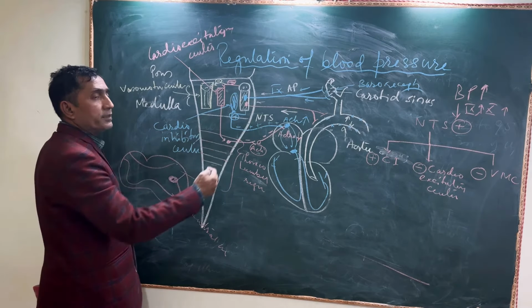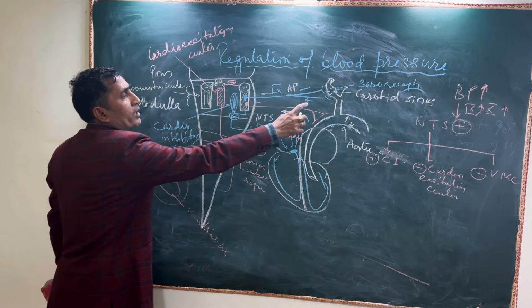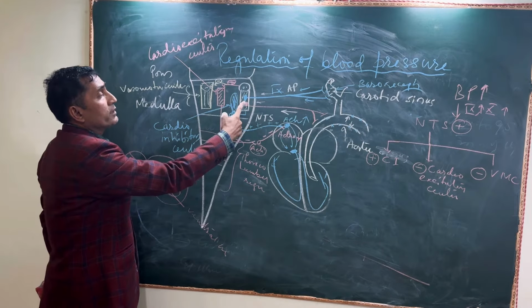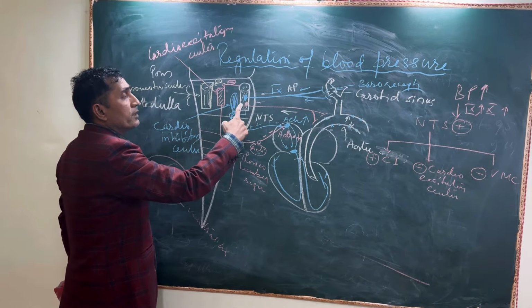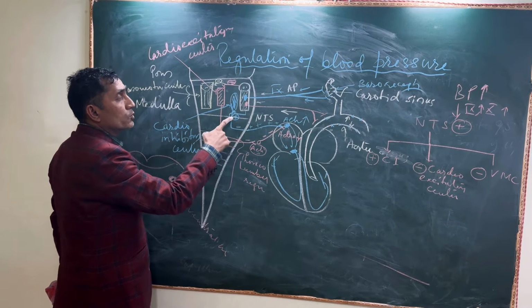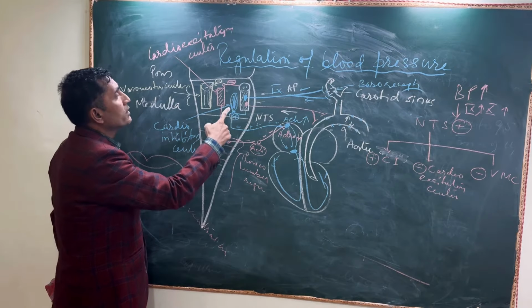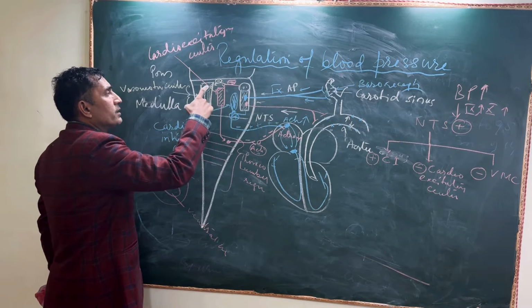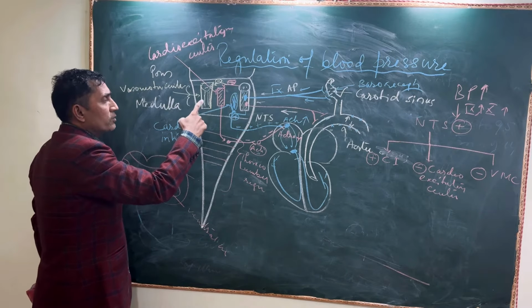So again, if I repeat, once blood pressure is increased, nucleus tractus solitarius is stimulated. Once it is stimulated, the role of this center is to stimulate the cardio inhibitory center, to inhibit the cardio excitatory center, as well as to inhibit the vasomotor center.